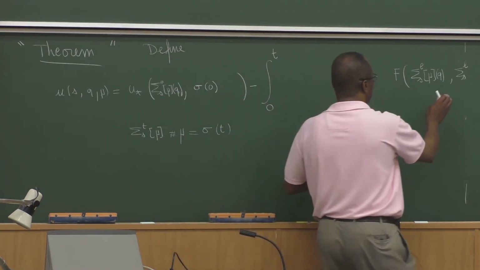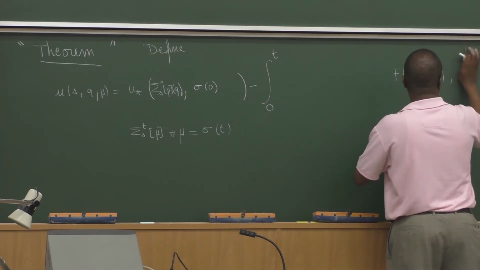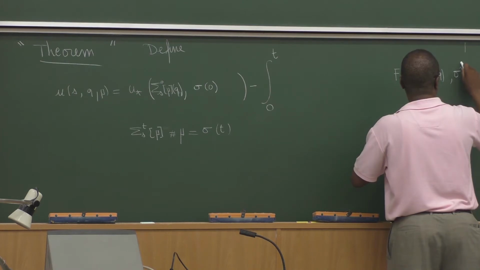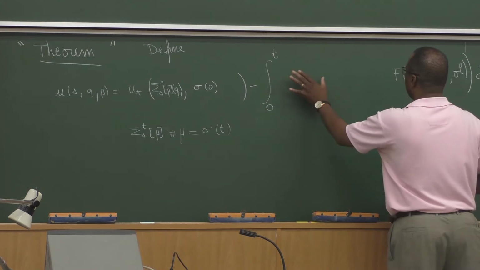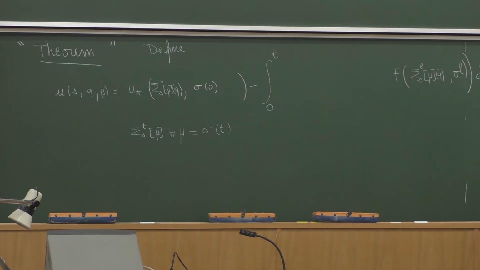And so here, it will be sigma of L dl. And there I need to write the velocity.